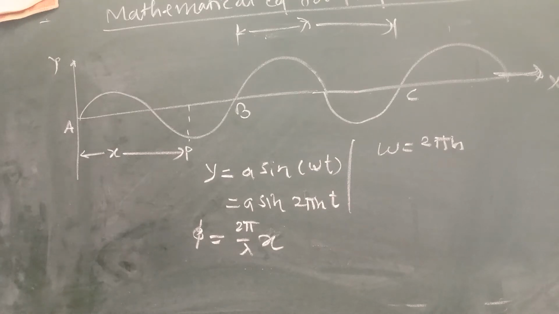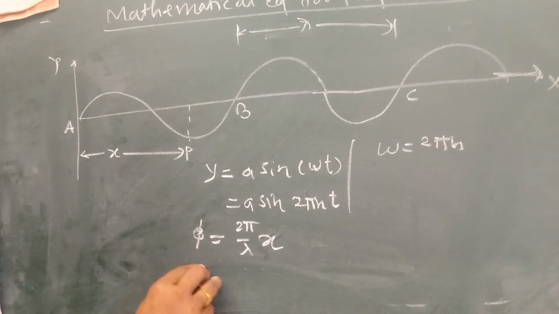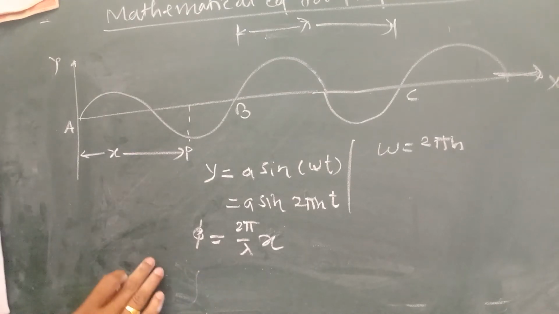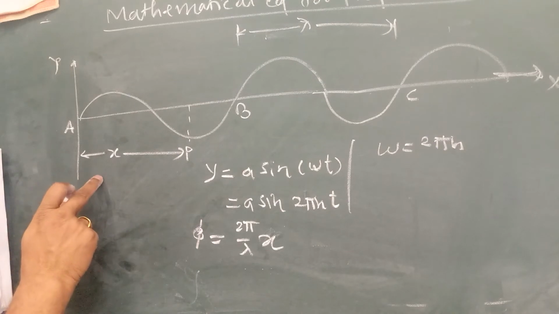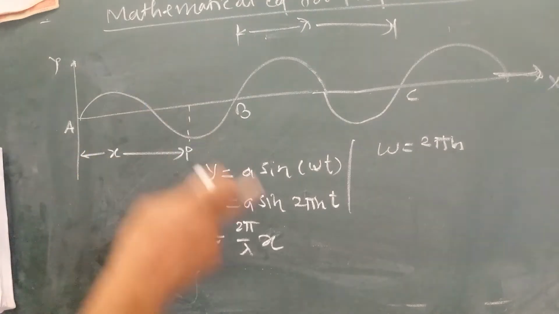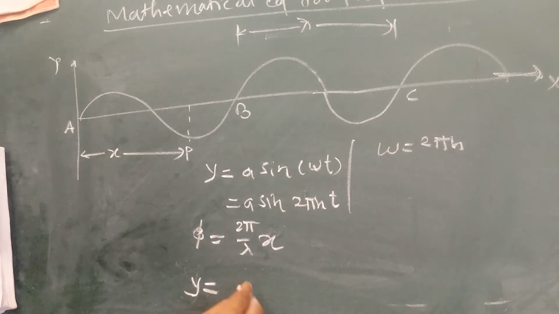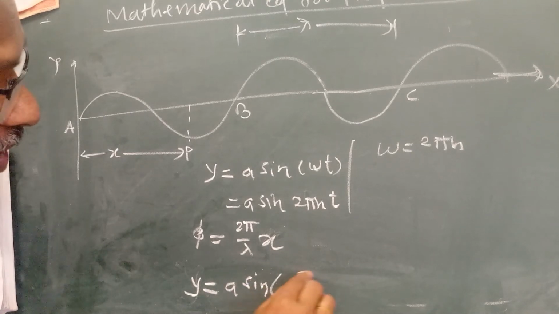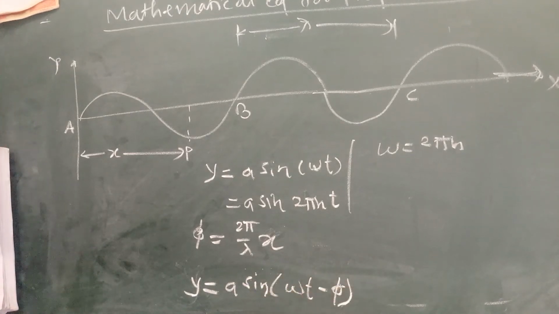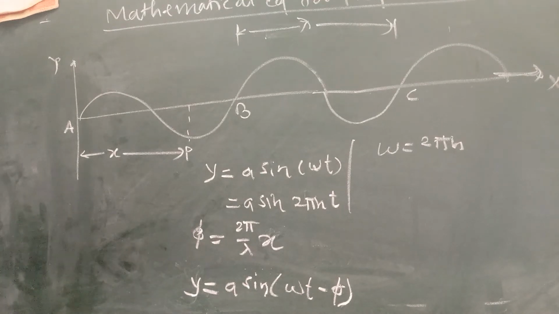The displacement of P is given by y equals a sine omega t minus phi, because now the angle is introduced there.